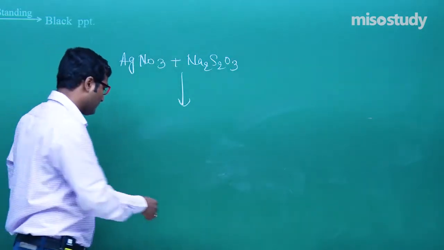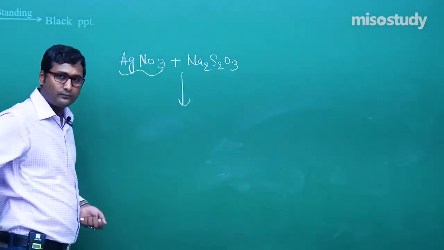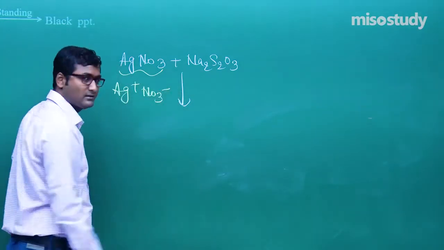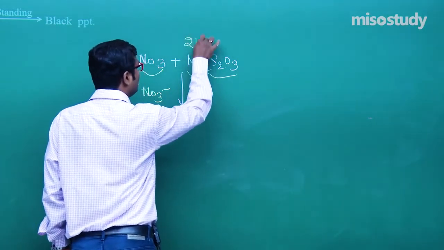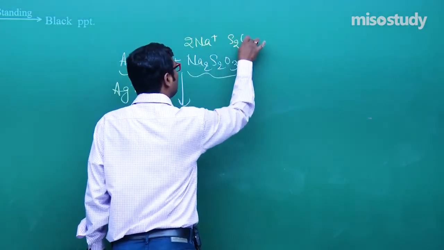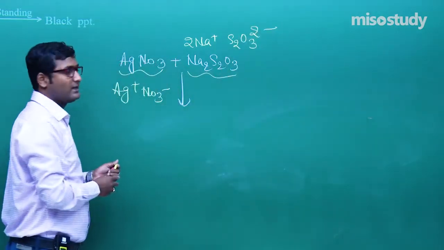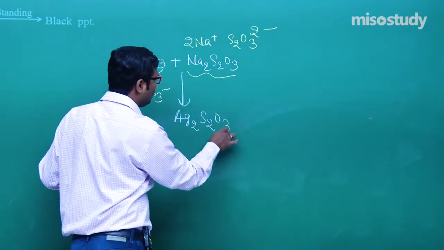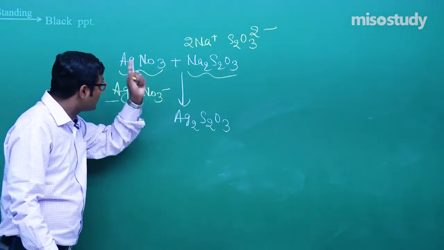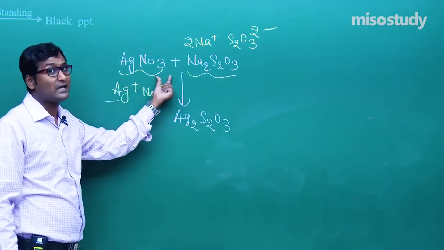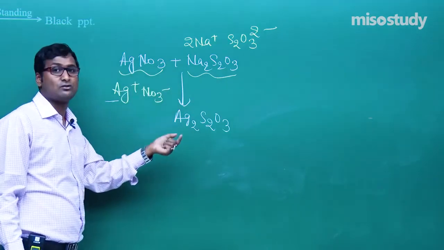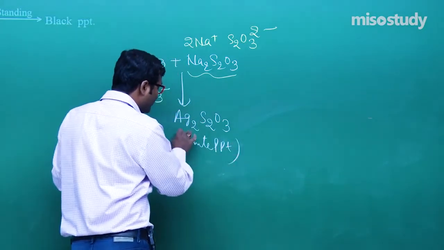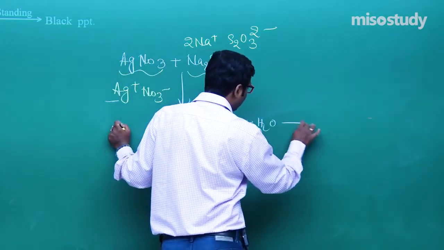As we know, AgNO3 will break like this, Ag plus and NO3 minus, and this one will break like this, 2Na plus and S2O3 2 minus. Clear? Now the product here is Ag2S2O3. Remember, I have discussed this question in salt analysis also, in my previous PPT solution also. This is a white precipitate.